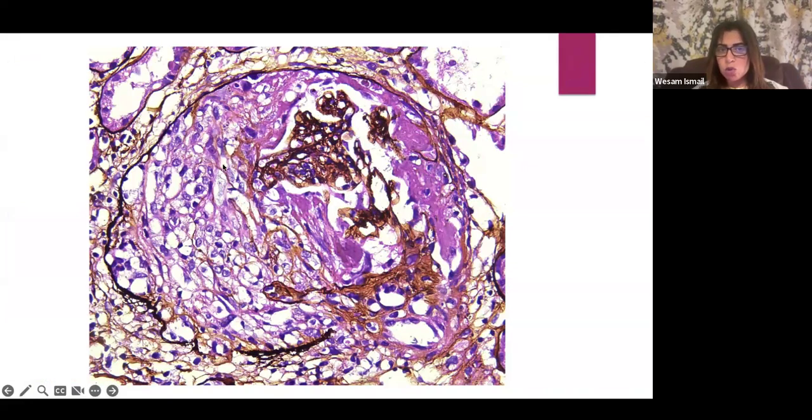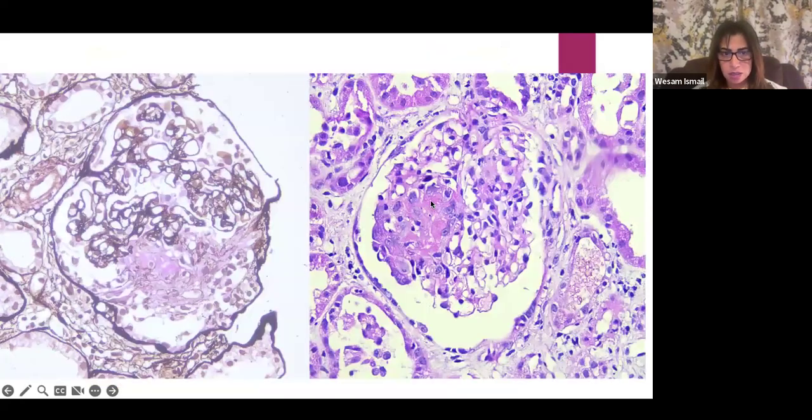When we come to score, this is only going to be scored as a crescent. I'm not going to score it as having fibrinoid necrosis because this is not in the tuft. So I'm not going to increase the scoring, the activity index of the patient, because of this. Fibrinoid necrosis in a crescent is a normal part of any crescent.